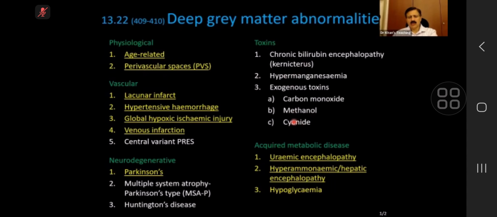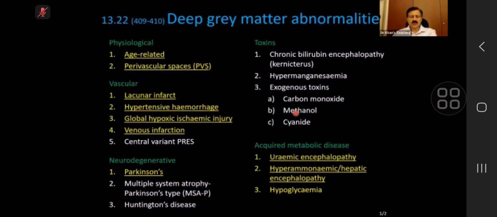I always laugh at it because we have always been told that cyanide poisoning will kill you in 2.5 seconds or something. In any case, it is given in the books. I have personally seen 2 cases of antifreeze, ethylene glycol, which is not in this list. Ethylene glycol, which is antifreeze, is also abused by people. I've seen 2 cases who died, and they also showed bilateral basal ganglia abnormality.